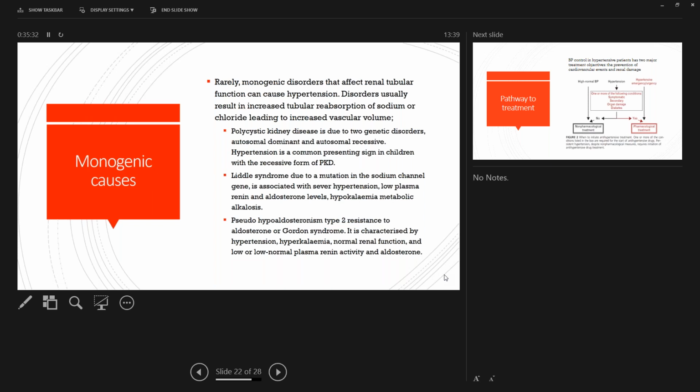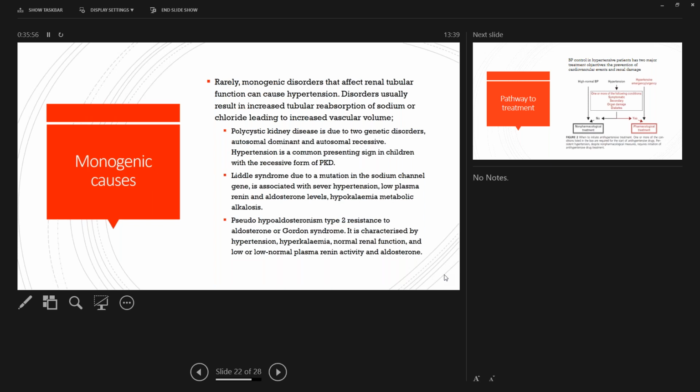Disorders that usually result in increased tubular reabsorption, so an increase of sodium chloride and therefore water, lead to an increased vascular volume. This is things like polycystic kidney disease, which can be down to two genetic disorders, your dominant and your recessive. Your recessive is more common presenting with hypertension in children.